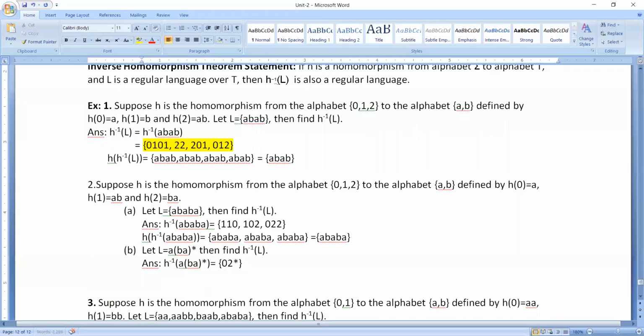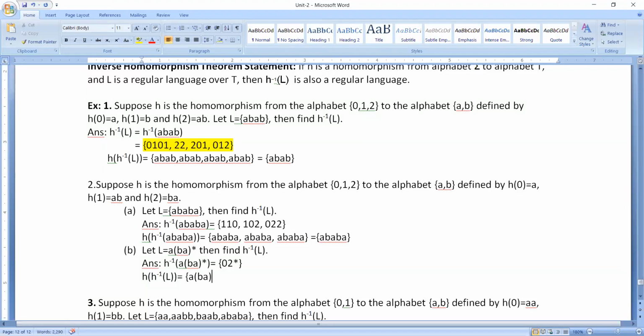Now when I try to do H of H inverse of L, it will result in 0 being small a and 2 being BA whole star.